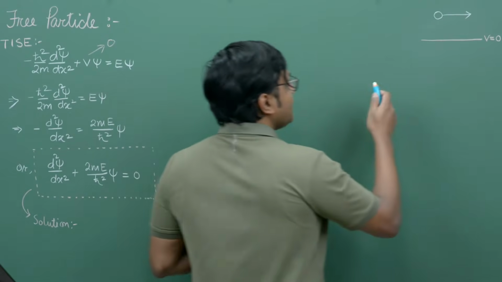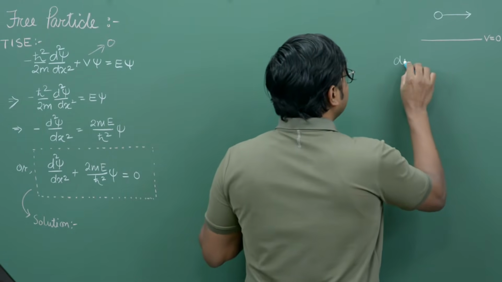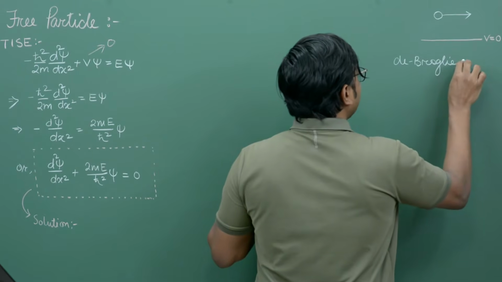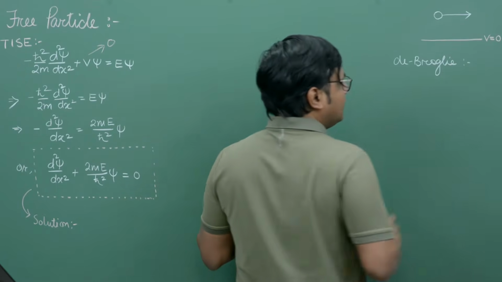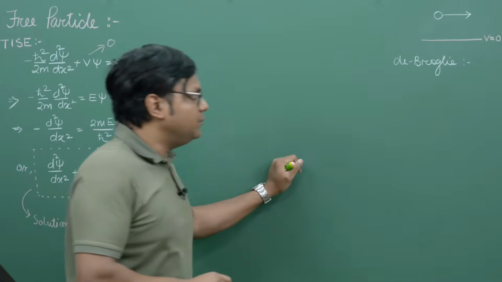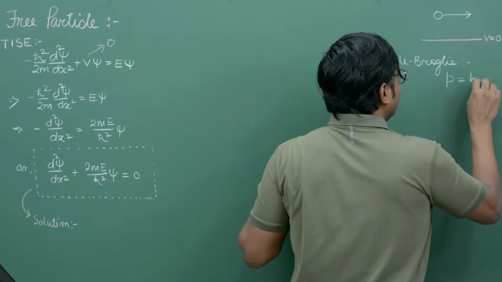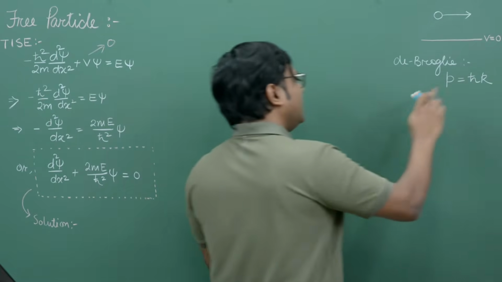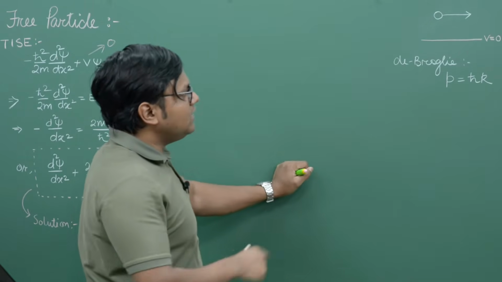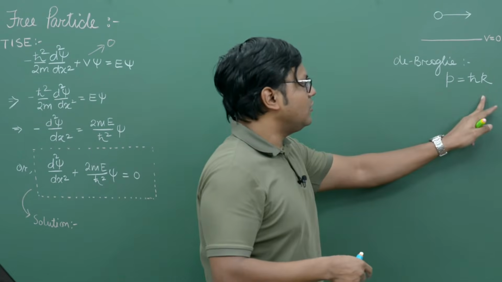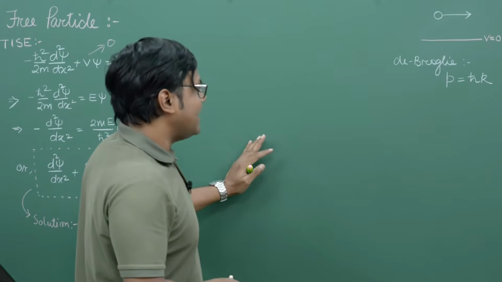First of all, we have the de Broglie hypothesis, that lambda is equal to h upon p. That can be rewritten as p is equal to h cross k. What is k? k is 2 pi upon lambda. h cross is h upon 2 pi. So essentially this comes out to be h upon lambda. This is the de Broglie hypothesis.